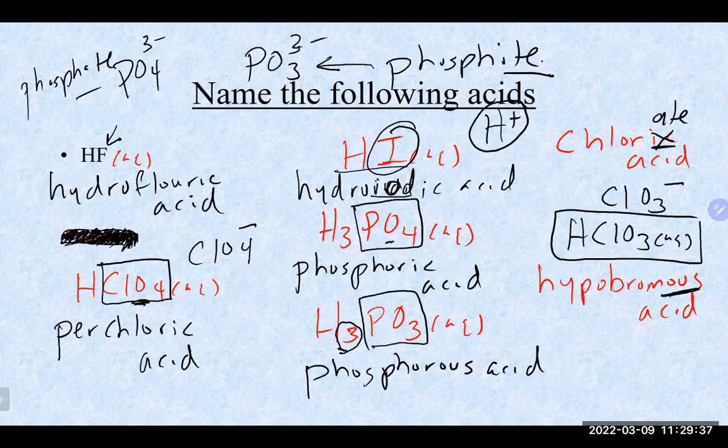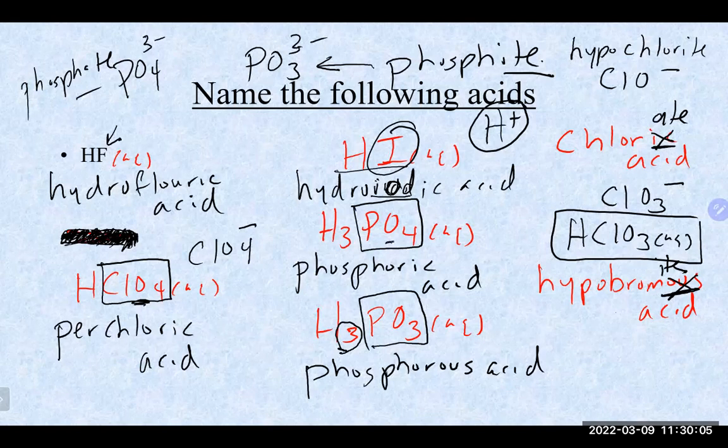So you can just take that out and put ite at the end, and it is hypobromite. Now you may say, I don't know what hypobromite is, but we did see one in a group of 4 that was called hypochlorite. Yes, and hypochlorite is ClO-. So what would hypobromite be?